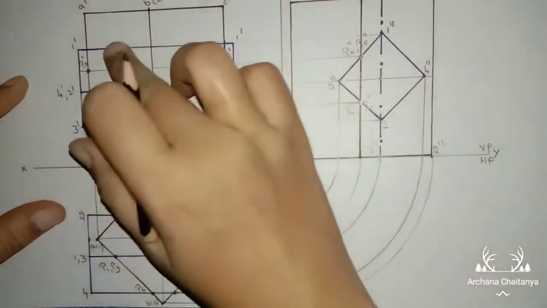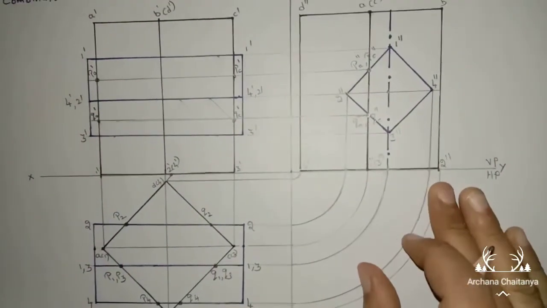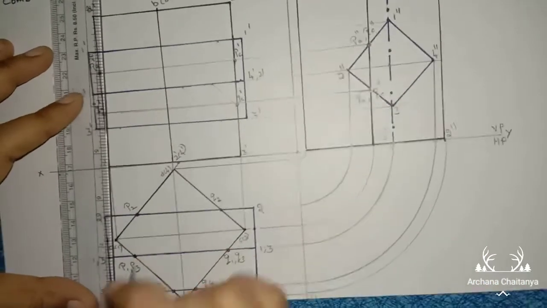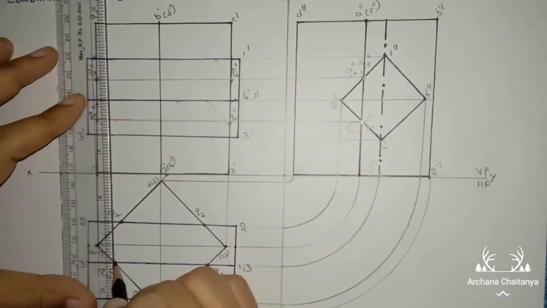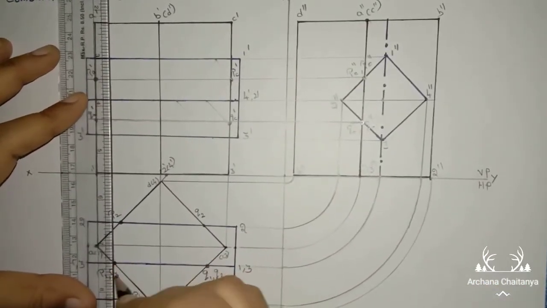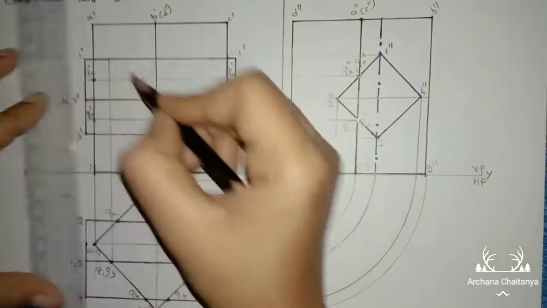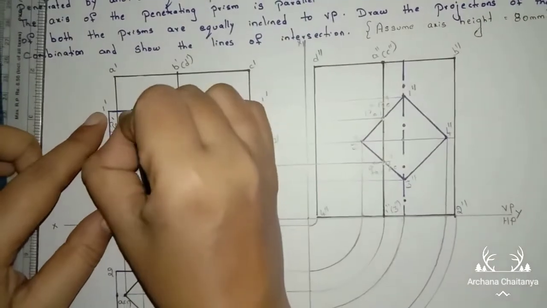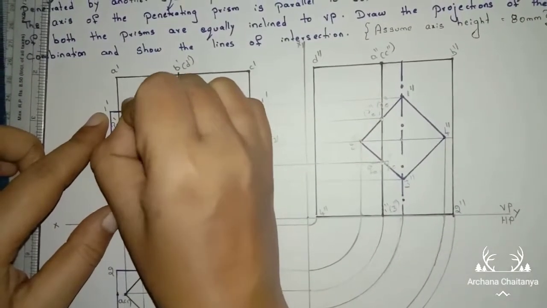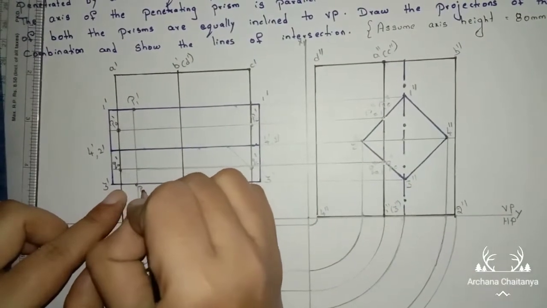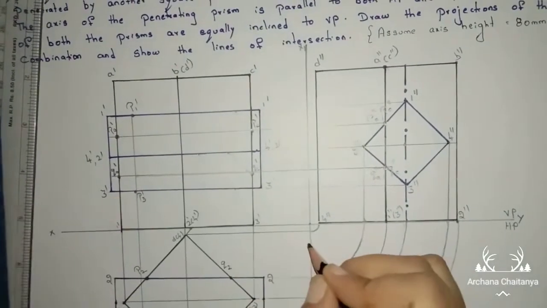Right, now join P2 to 2, P1, P3 like that. So let us see how you will get. First P1, P3. From P1 if you draw the projectional line, see P1 to first point I will name this as P1 dash. Third point to third point I will name this point as P3 dash.